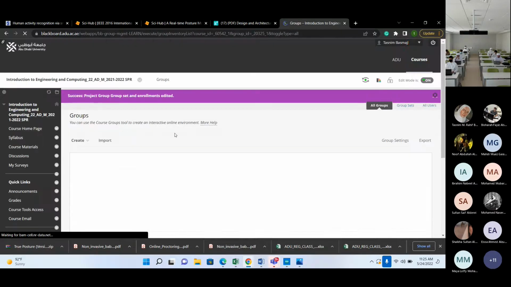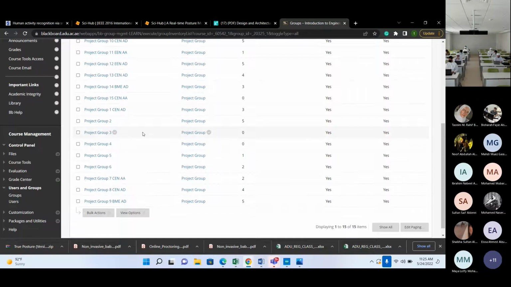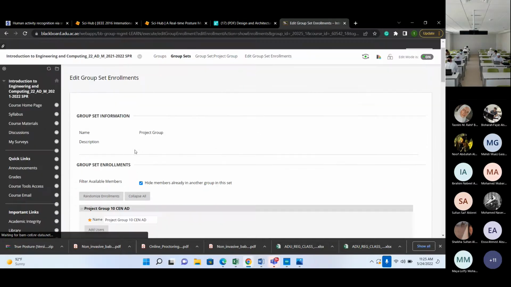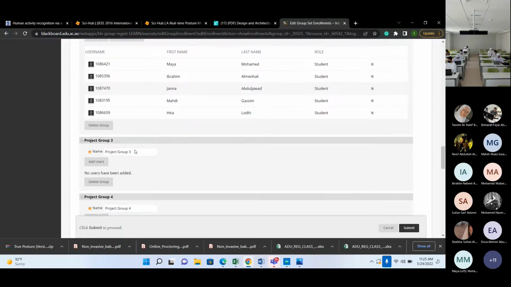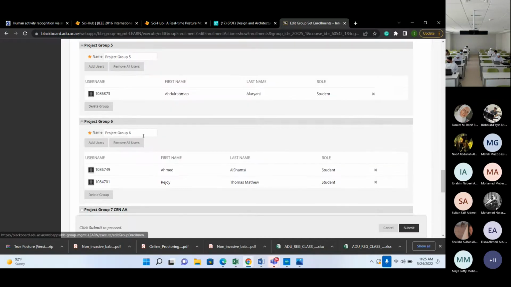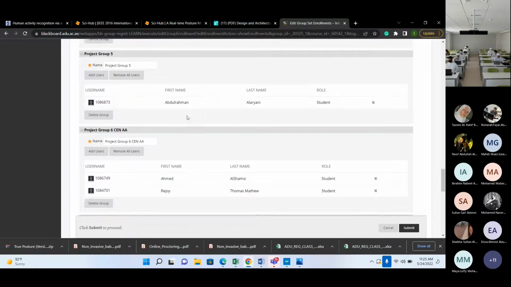Coordinate with each other better, guys. I don't have electrical. All right. So group 6, it's basically, one second. Edit group set membership. So group 6 is CEN Al-Ain, right? Okay. Anyone else in Al-Ain that does not have a group?